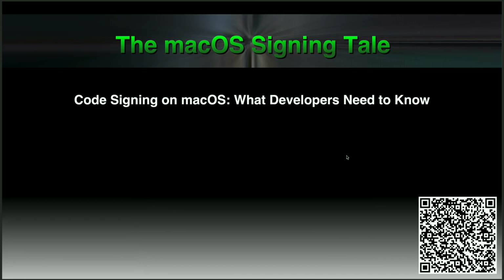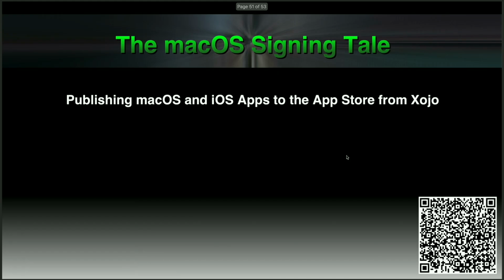If you want to get more information or are interested in everything related with macOS signing at a deeper level, I recommend the series of blog posts that we published. And also in the documentation, we have a step-by-step guide about everything you need in order to get your Mac and iOS apps sent to the Mac and App Store.